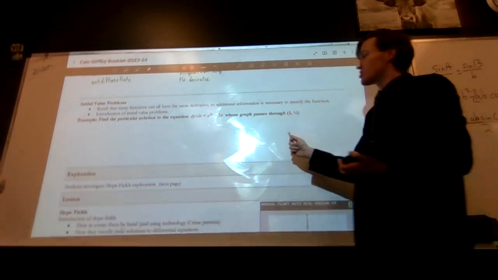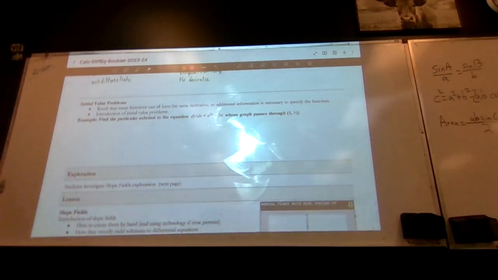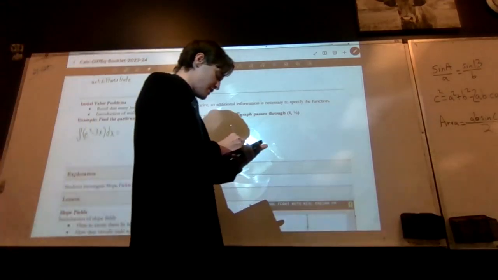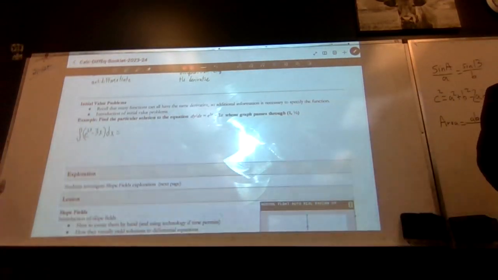Let's start by writing this out and trying to get to a form of y equals. I'm going to write this out as the integral of e to the 2x minus 3x dx, and then we integrate this.